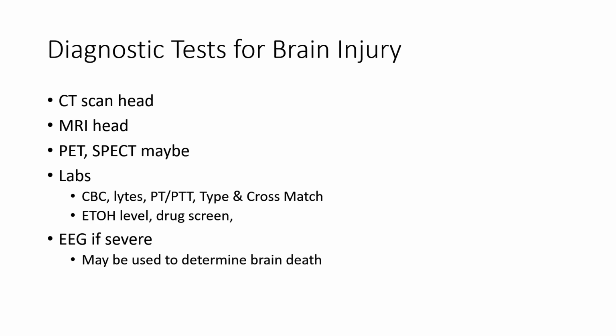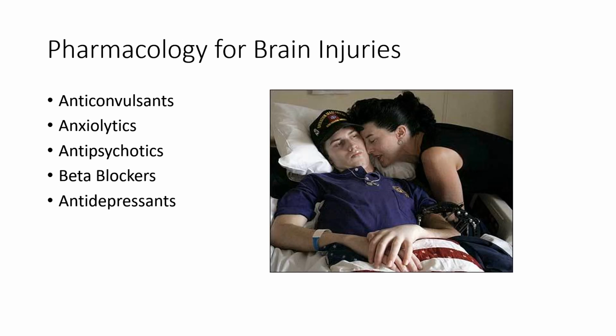And as I said earlier, alcohol and drugs are sometimes commonly associated with brain injury, so they will have an alcohol level and drug screen performed. If they progress and do not improve and there is a question of brain death, they may have an EEG to determine as one of the criteria for brain death.